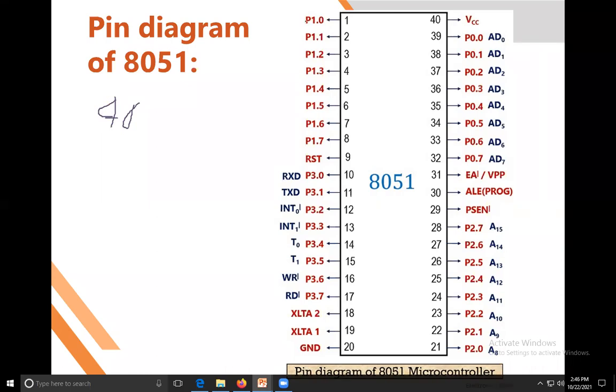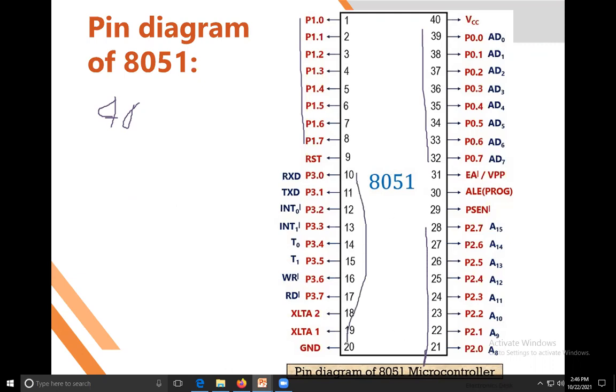Out of the 40 pins, this is port 1, 8 pins. This is port 0, 8 pins. Here is port 2, 8 pins, and here is port 3, 8 pins.